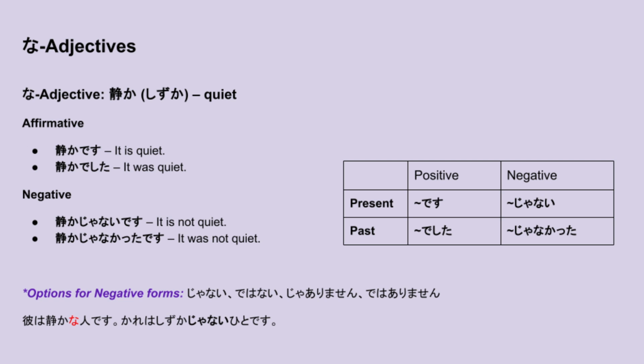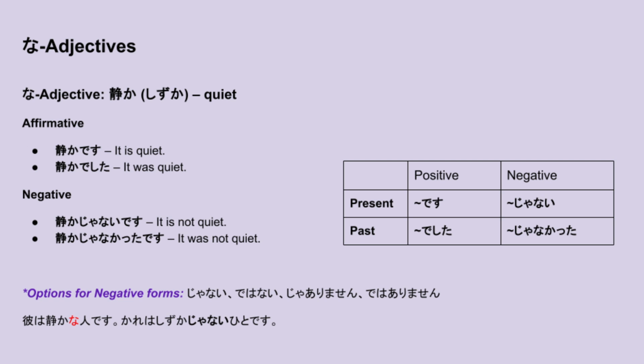Here, you don't really conjugate the adjective itself for the affirmative past. You're conjugating the desu part of it, so it's shizuka deshita. Desu is the affirmative present tense, and deshita is the affirmative past tense. So you're conjugating the desu form instead of the actual adjective itself.